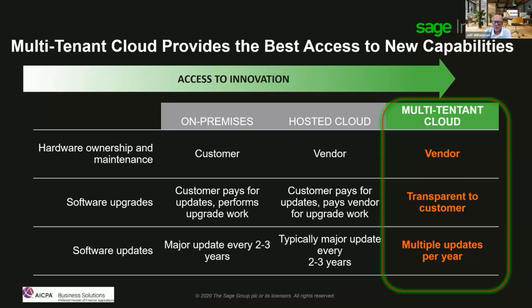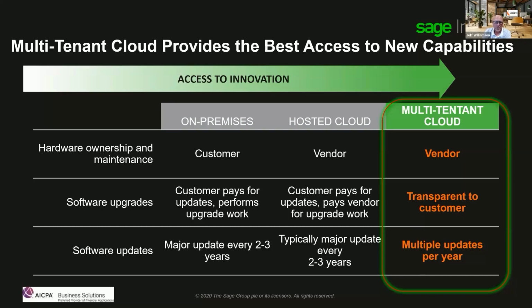So no versioning like we have today in 300, where you could be on version 21 and somebody else could be on version 23. It's all in the cloud. So when a release of the software comes out, and that comes out 4 times a year, in February, May, August, and November, when those releases come out on that Friday night, you come back in on Monday and you're on the new instance of the software.